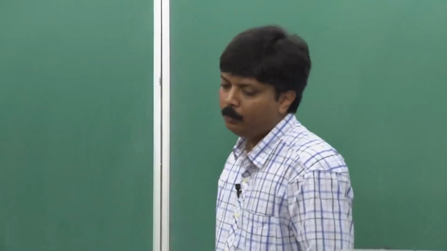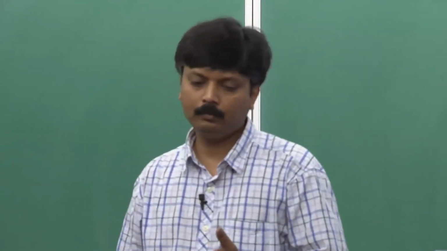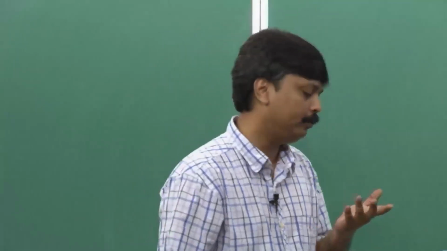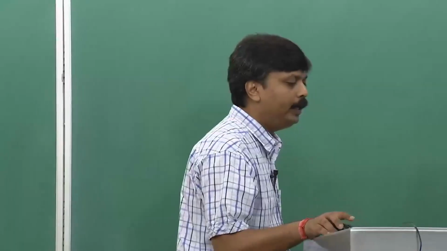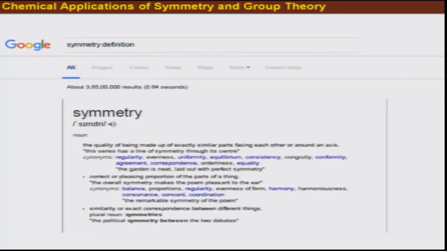Now, when we talk about symmetry, what comes to our mind first? Let's have a look at the result that we obtain by putting the term symmetry in a Google page. Here it is. You can see a definition of symmetry given here, which says: the quality of being made up of exactly similar parts facing each other or around an axis.